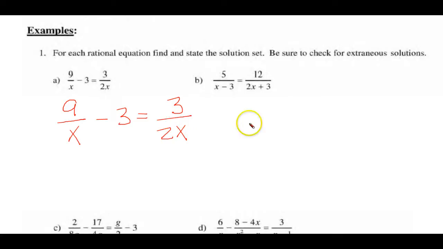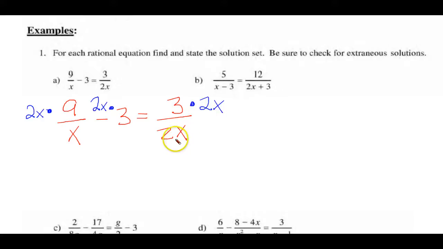And that's what we're going to be doing here. So, what is my lowest common denominator? It's going to be 2x. So we're going to multiply this by 2x, multiply this by 2x, and multiply this by 2x.